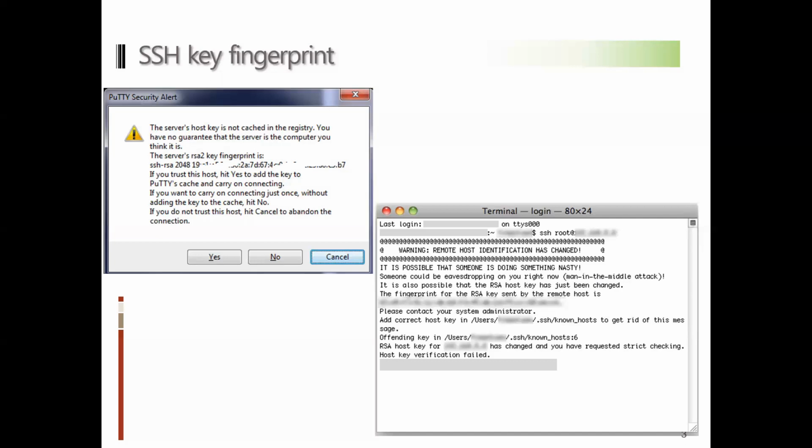So when you receive this kind of warning, I recommend that you contact the administrator of your server, and make sure that the newly received fingerprint for the RSA key is authentic.